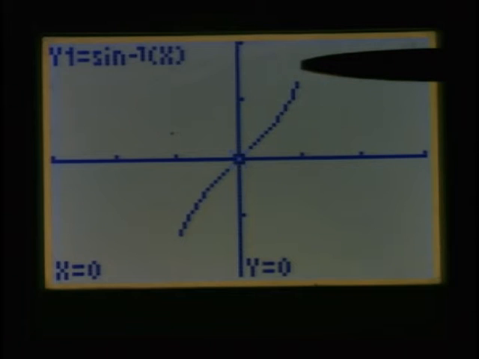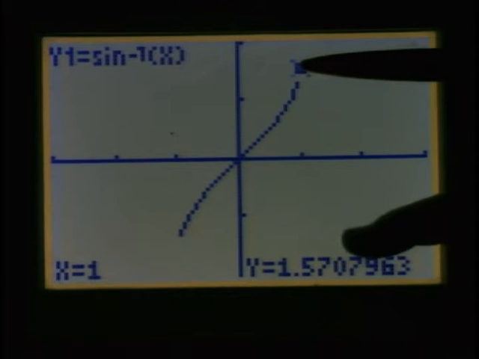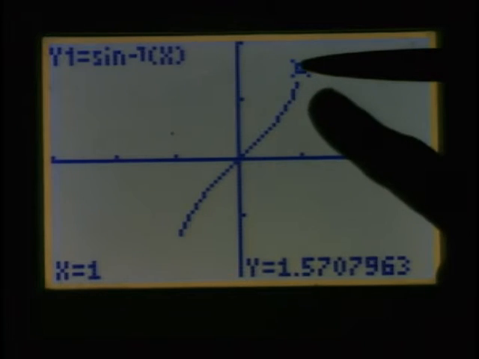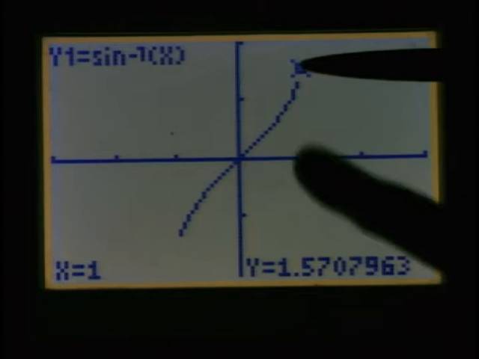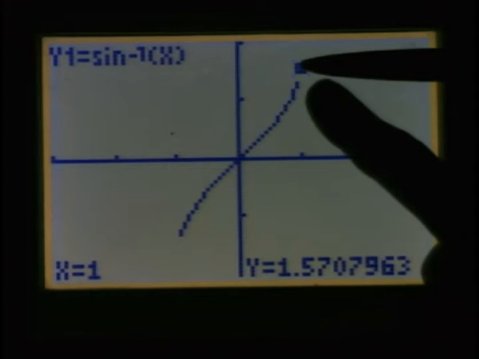So if I put 1 in there as my input and hit enter, look down here. There's pi over 2 right there, approximately. And there's that point that we just talked about. The coordinates are 1, the output is pi over 2, the angle.